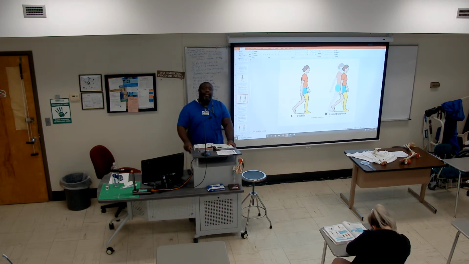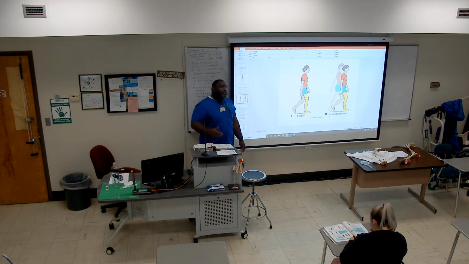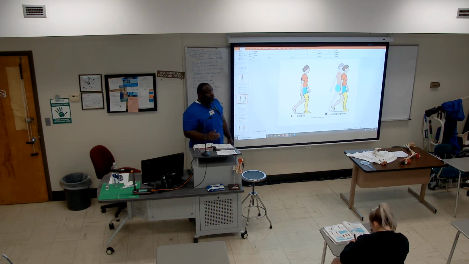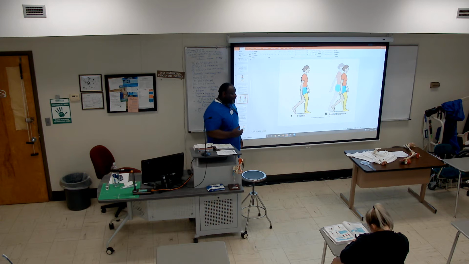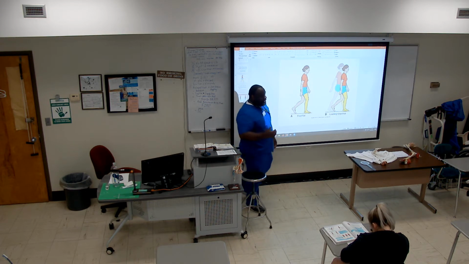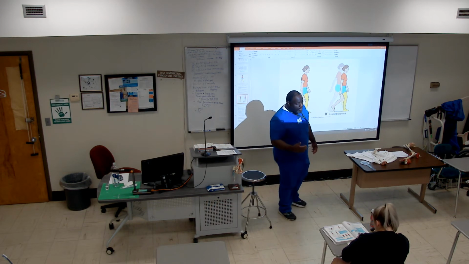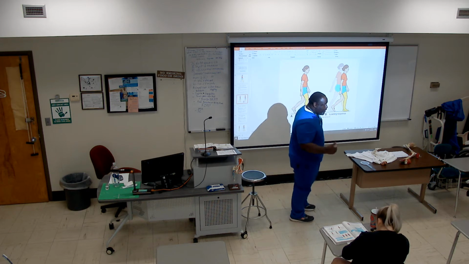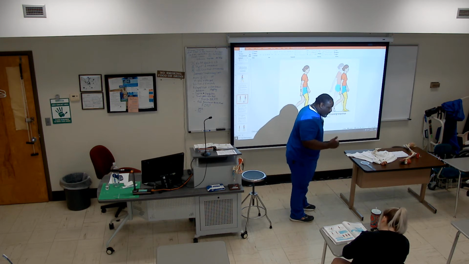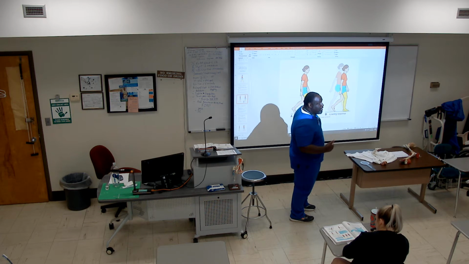If I have hamstring deficits, I'm going to see that in a couple of different places. One is in mid stance, because in mid stance the hamstrings contract to prevent what from happening? Genu recurvatum, hyperextension of the knee.